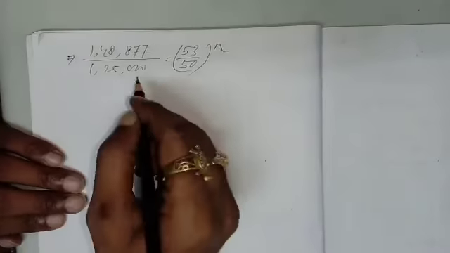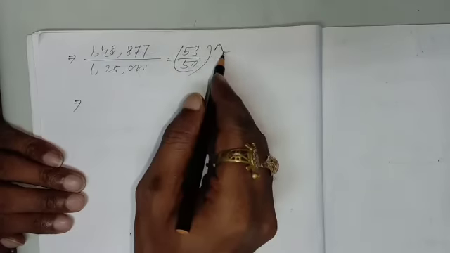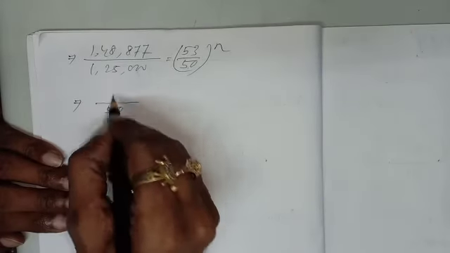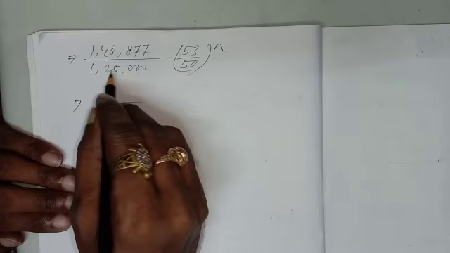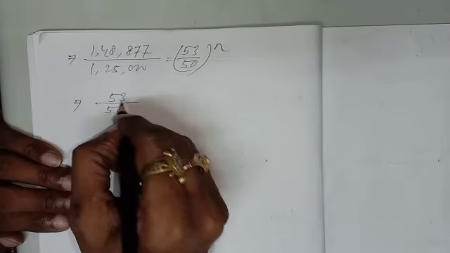Here you have to study the question. The right-hand side is 53 by 50 whole to the power n. That means this will automatically be 53 whole cube.